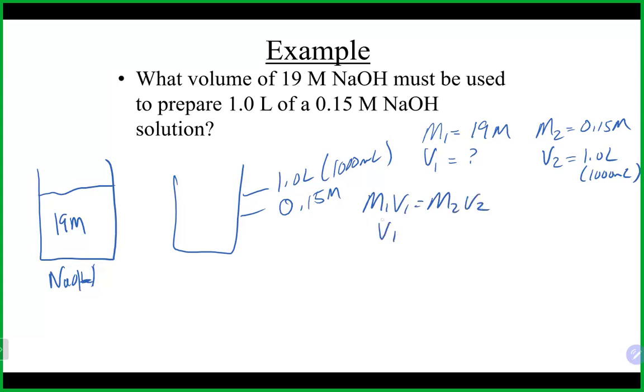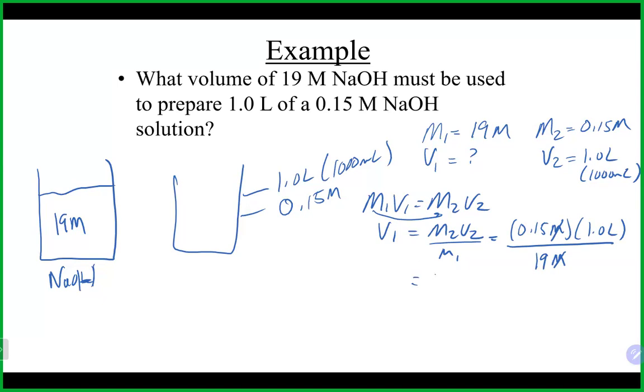Solving for V1, we're going to divide that guy to the other side. V1 equals M2 V2 over M1. Putting in our numbers here, we end up with 0.15 molar, 1 liter, and we started with 19 molar. The molarities will cancel at this point, and we will end up with 0.15 times 1 divided by 19.